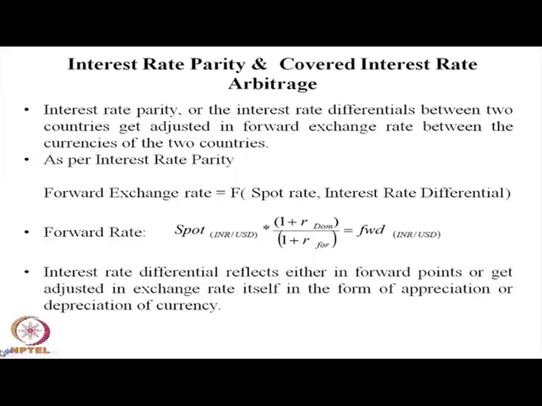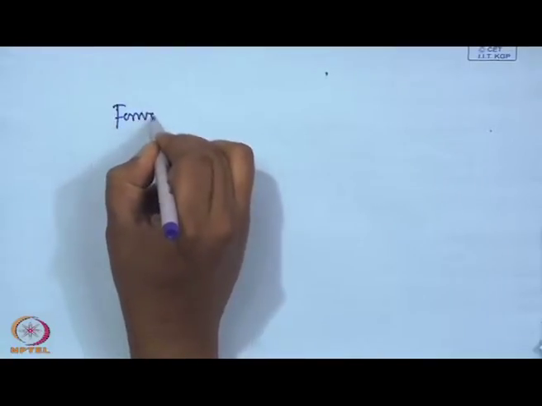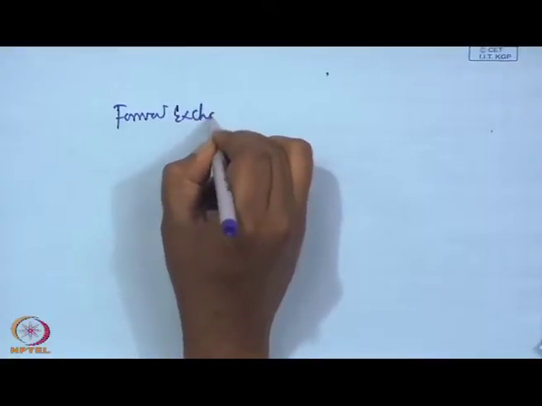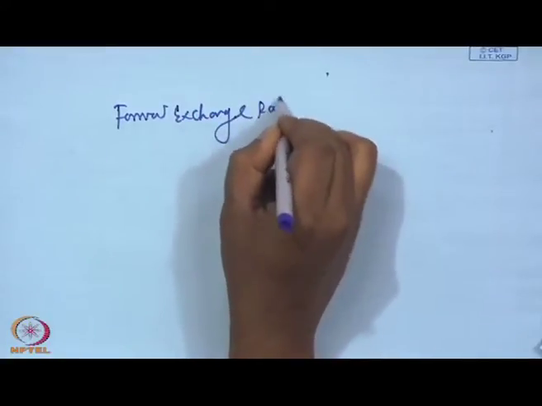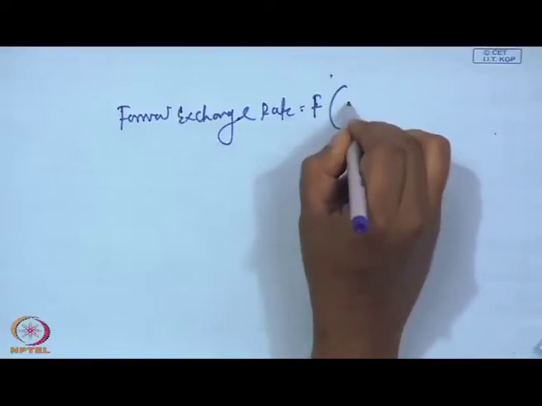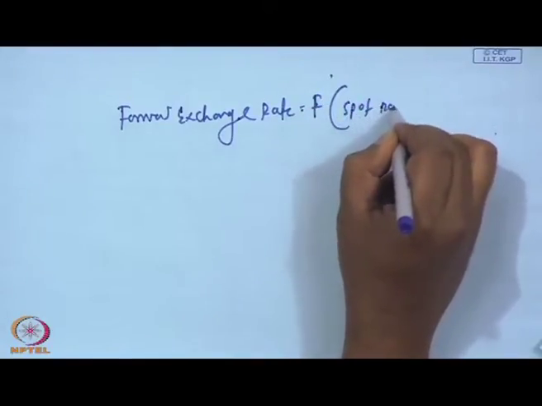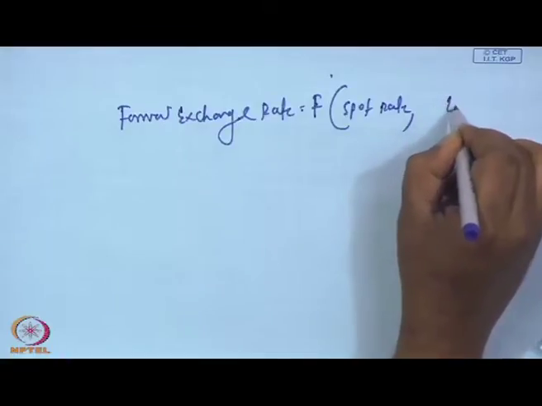The forward exchange rate, that is, after 1 year or some time, what the future spot or forward rate will be, is a function of the current spot rate and the interest rate differential.